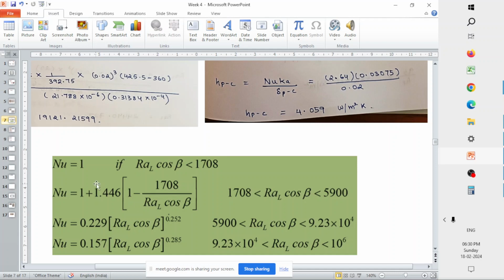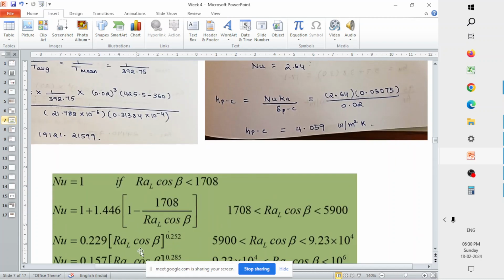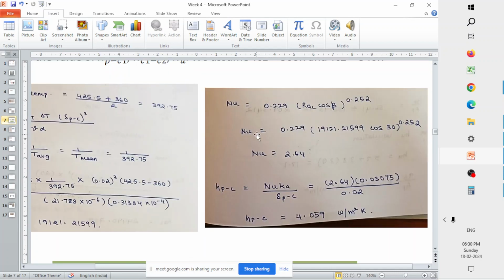We have the relationship for Nu as a function of RaL cos beta. So from here you can calculate the value of Nu, your Nusselt number. So RaL, you know, 19121.2159 cos 30 to the whole power 0.252. So your Nusselt number comes around 2.64.